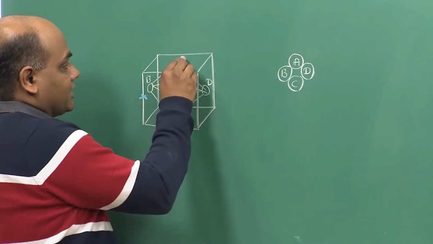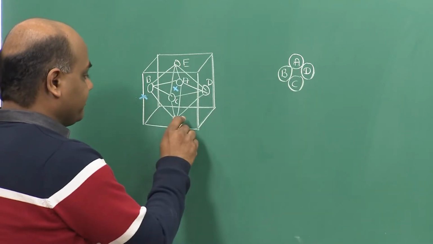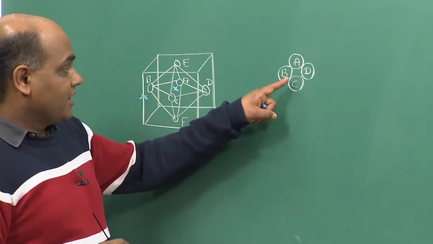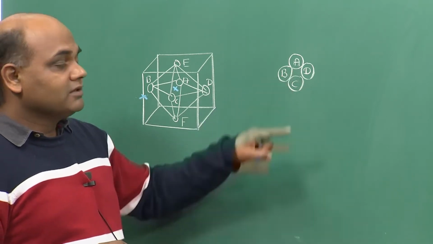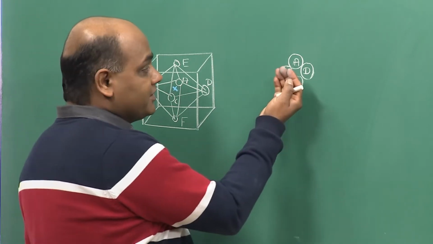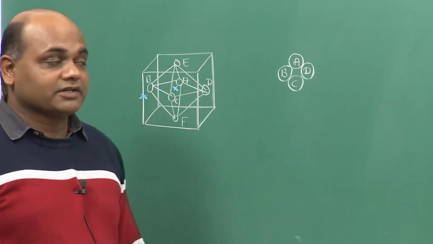This is atom E, and there will be one atom at the bottom. Let us call this F, and these atoms will form an octahedron, and the void at the center of this is the octahedral interstitial site.